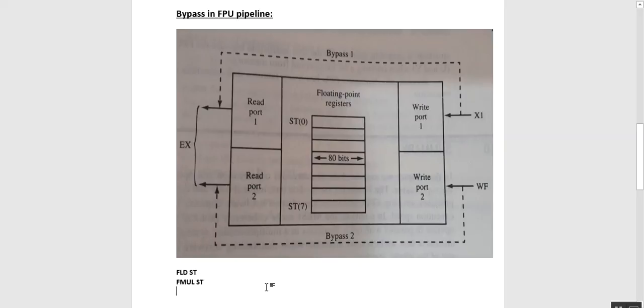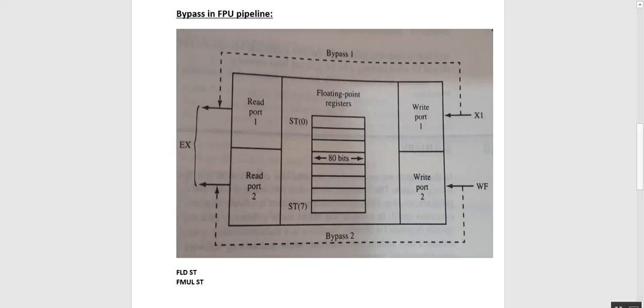Using bypass 1, the data from FLD is made available as an input operand for the FMUL before it is written into the floating point register file. This prevents the pipeline from stalling while waiting for the register file to provide a copy of ST. Overall, we get a decrease in the number of clock cycles required to perform many different combinations of instructions. This technique is also called forwarding.